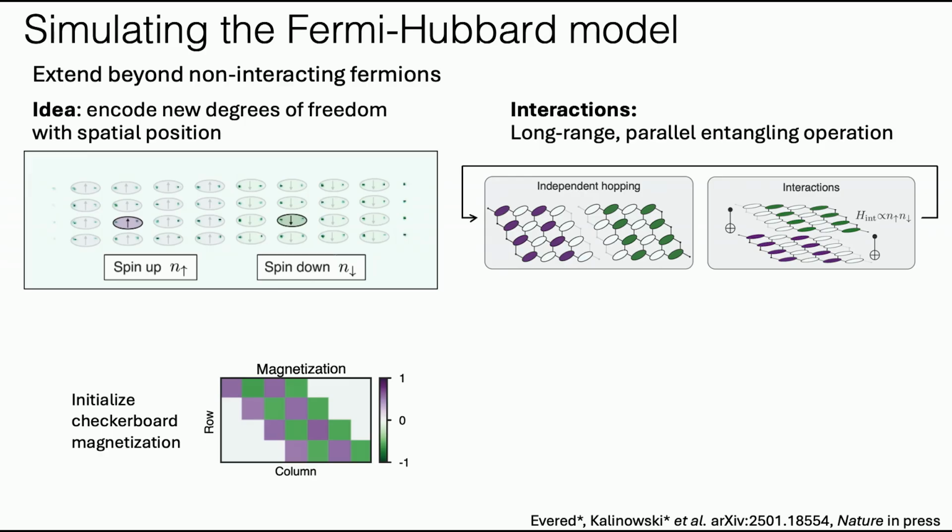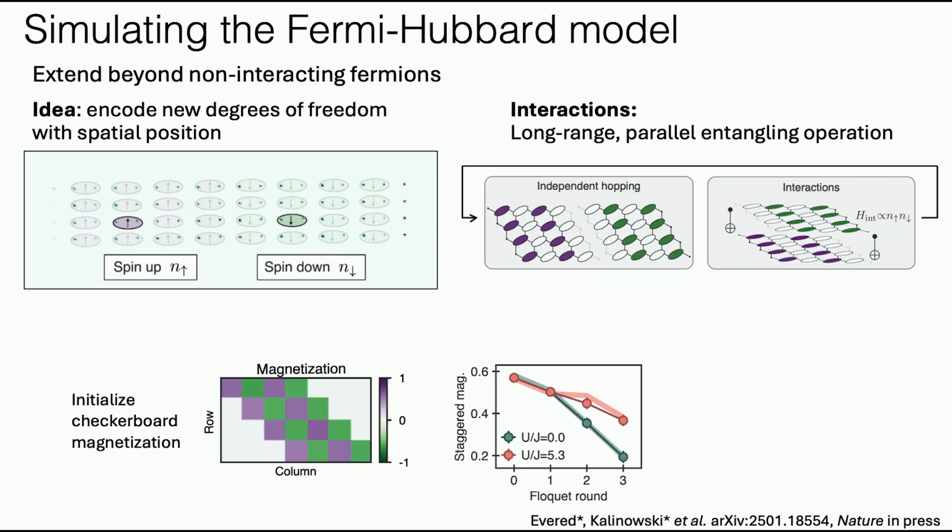So here we created this checkerboard magnetization pattern, where we have 16 sites here for our 32 total fermions. And then we can apply these Floquet cycles, where we intersperse this independent hopping and these interactions, and study how the staggered magnetization of this initial system evolves as we tune the interaction strength.